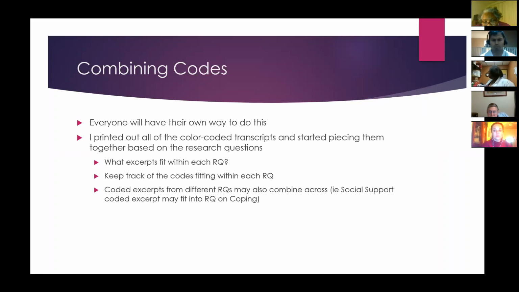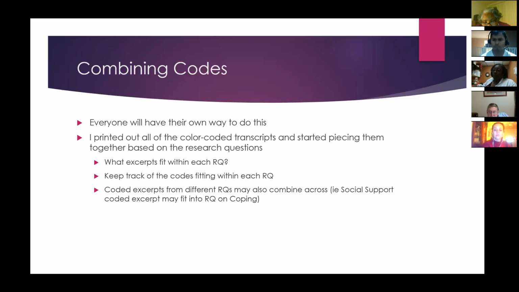You definitely want to keep track of where the codes are fitting. I had a lot of codes that were technically under my research question for optimism, and they ended up applying more to a theme that ended up in my social support, amazingly.